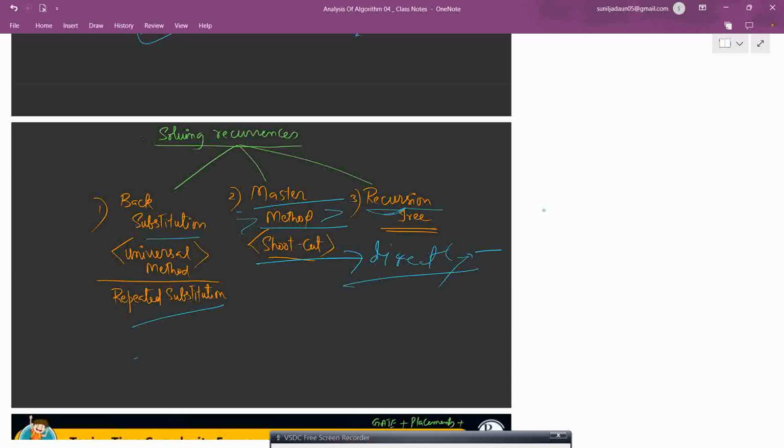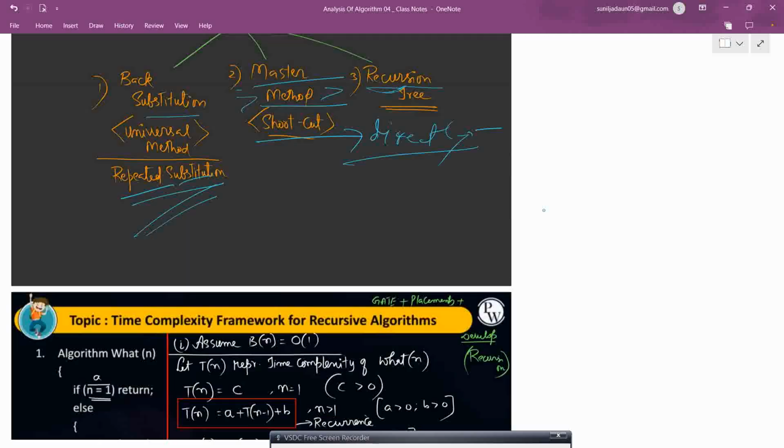And back substitution is a universal method which can solve as repeated substitution.